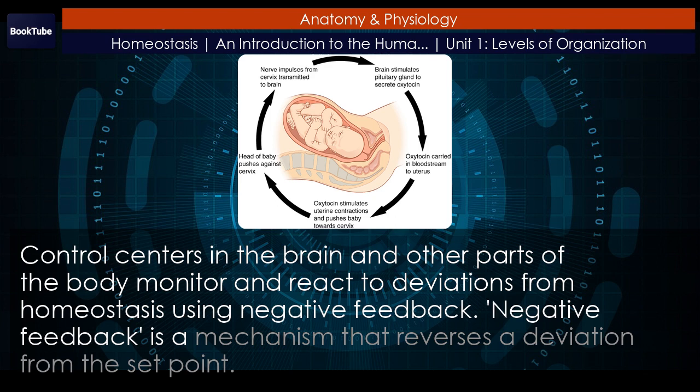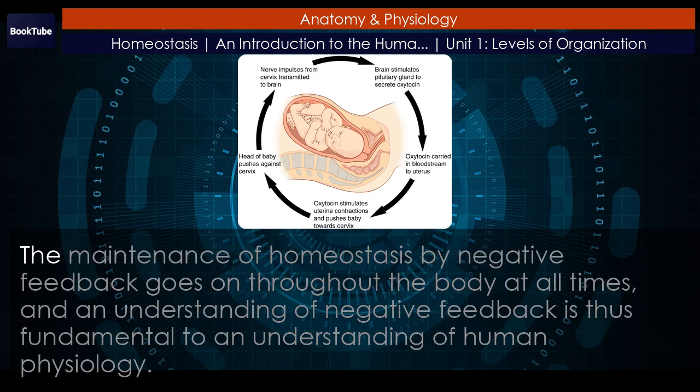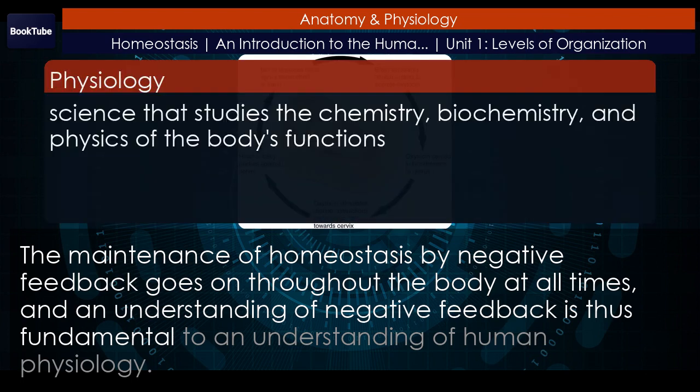Negative feedback is a mechanism that reverses a deviation from the set point. Therefore, negative feedback maintains body parameters within their normal range. The maintenance of homeostasis by negative feedback goes on throughout the body at all times. And an understanding of negative feedback is thus fundamental to an understanding of human physiology.